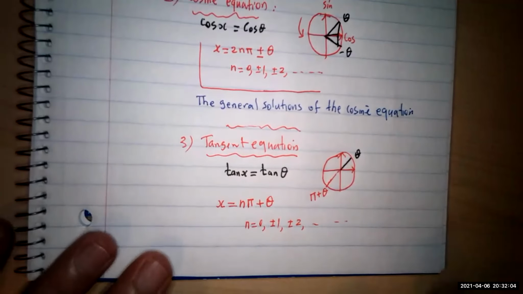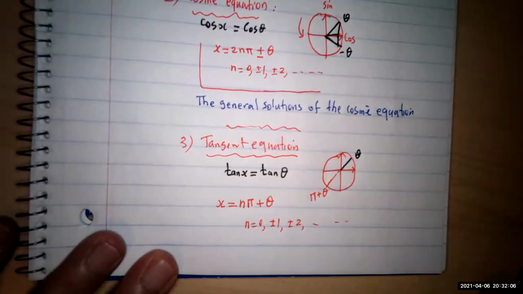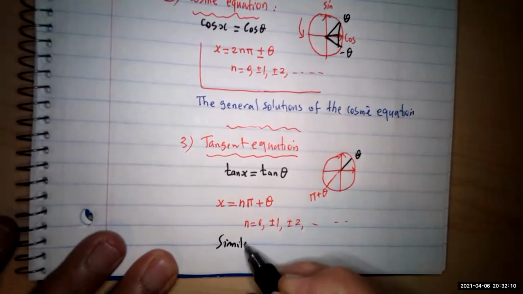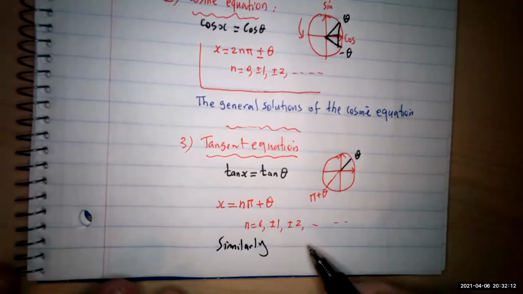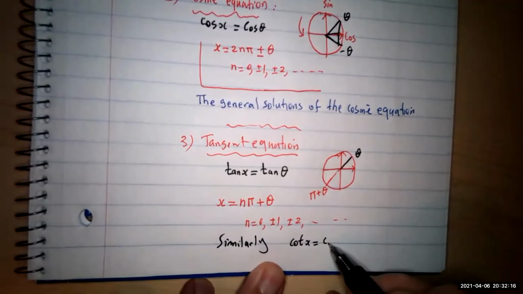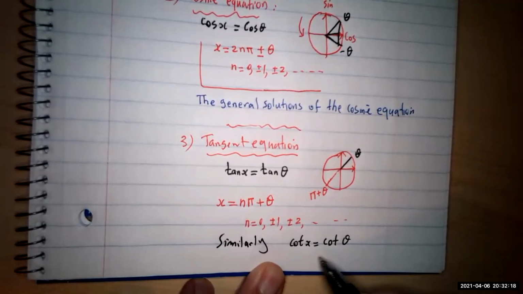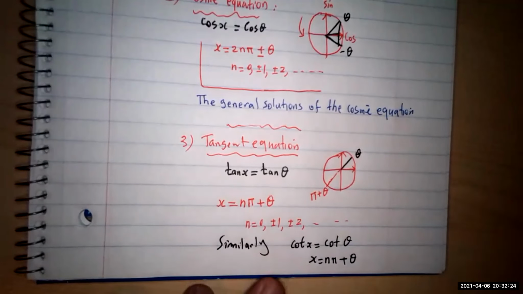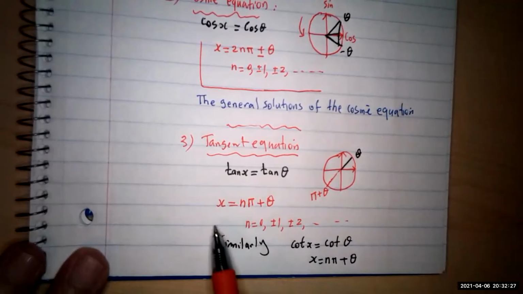That's a tangent equation. Okay, cotan is the same one. Similarly, if you like, I'm not going to do it, but just write it down. If you have a cotan of x is equal to the cotan of theta, then x would be n pi plus theta. Okay, but we usually go with the tangent.